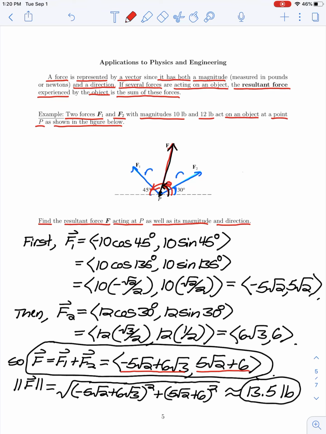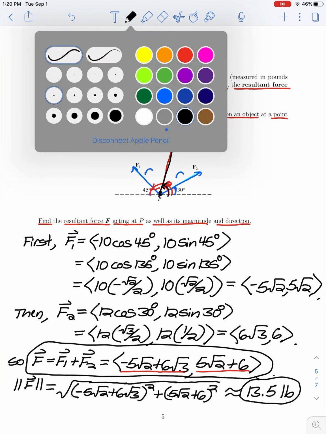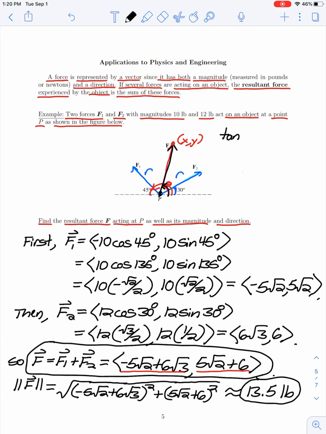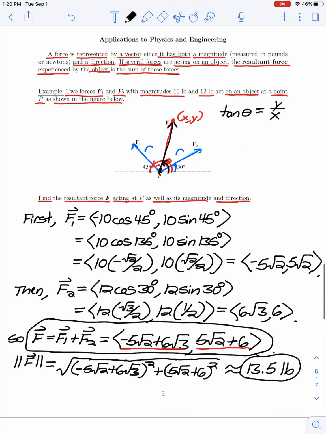So those are the coordinates for the terminal point of this resultant vector F, which we would call maybe x and y. And we know that in terms of polar coordinates, tangent of an angle theta would be given by the ratio of y over x, where x and y are the Cartesian coordinates for our point. So tangent of this angle measure theta would be given by the ratio of y over x.